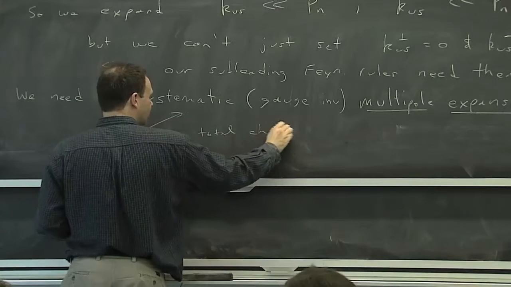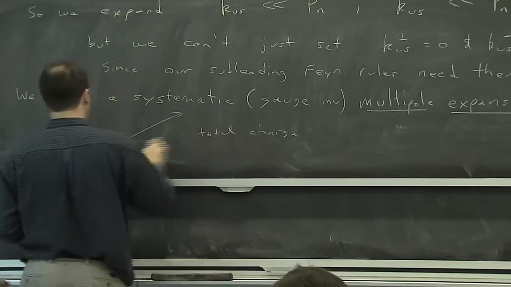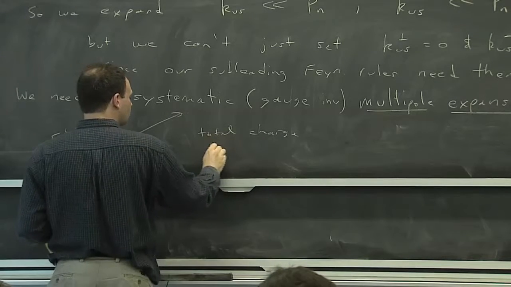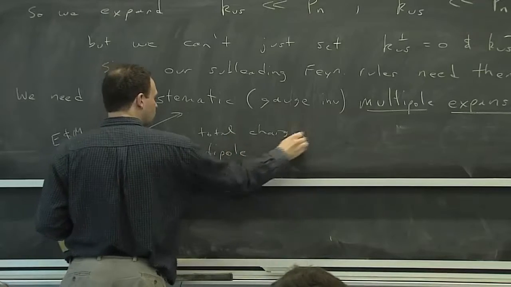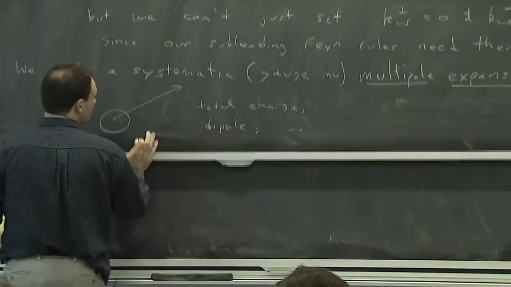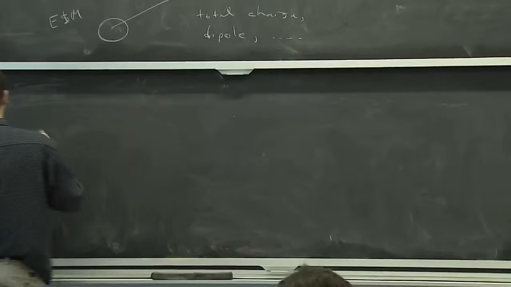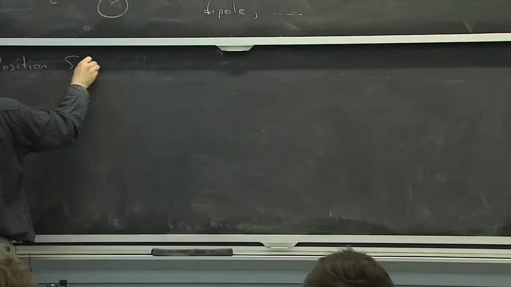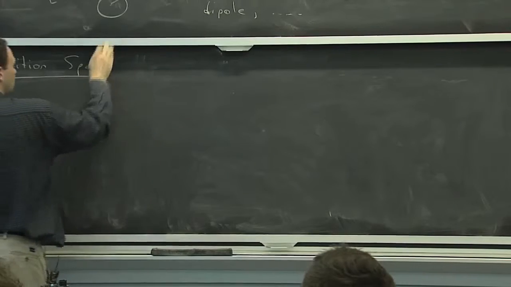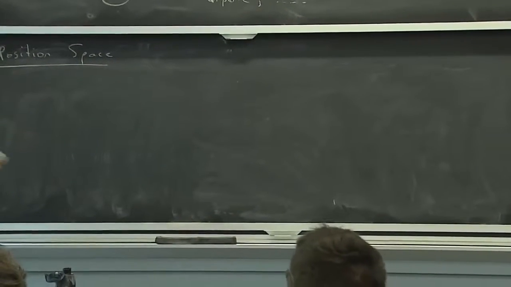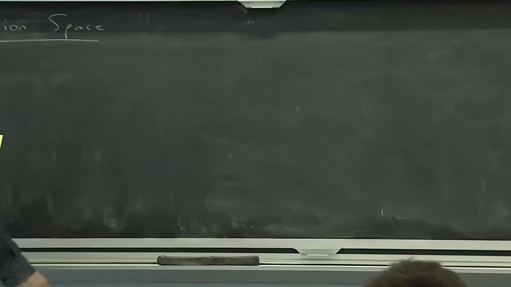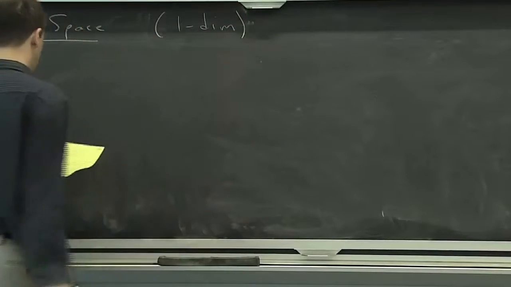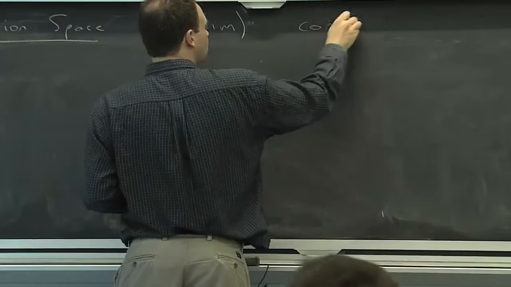That's the usual thing you think of when you hear the words multipole expansion: you think of E and M. It's similar here, except we're doing it for fields. In position space, we expand and neglect some coordinates. So let me show you how a multipole expansion works in one dimension in position space.